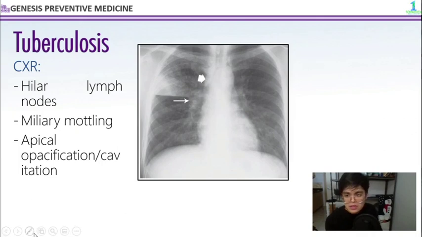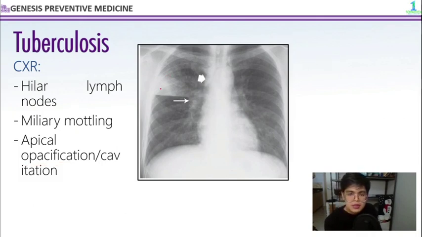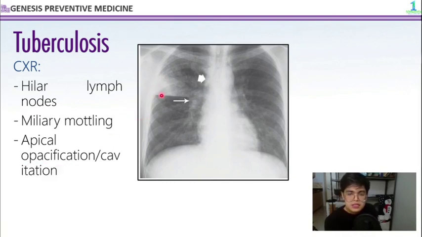For example, on this x-ray, you can see airspace disease, which may be indicative of a form of pneumonia, but because there are enlarged paratracheal and hilar lymph nodes here, that is probably indicative of an active tuberculous infection.